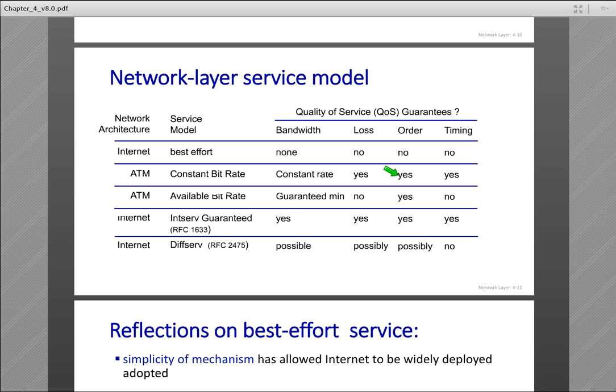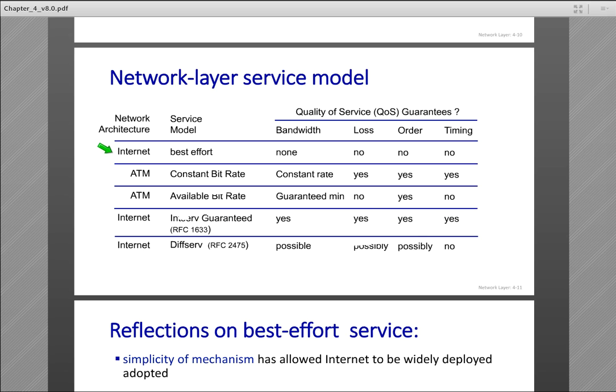But today, if we use integrated services, or IntServ, or if you use DiffServ, we can guarantee some items in computer networks. For example, if we use IntServ, we can guarantee the bandwidth, loss, order, and timing over the internet.